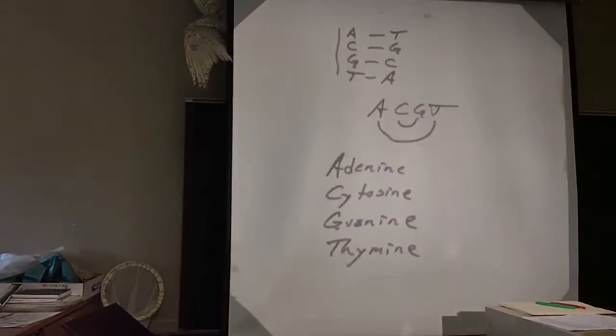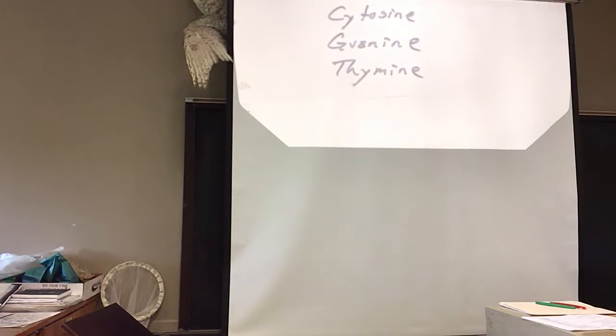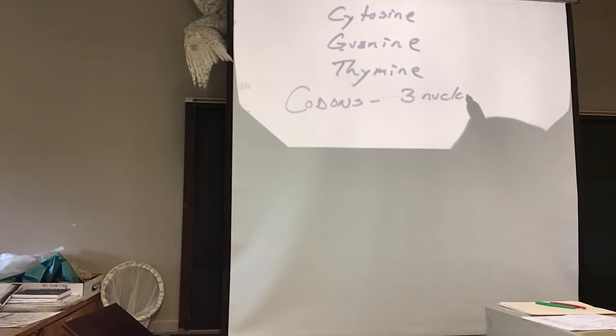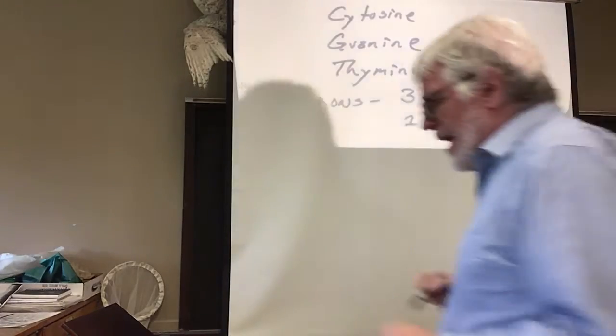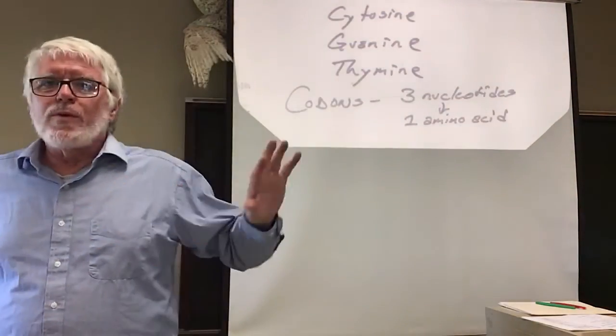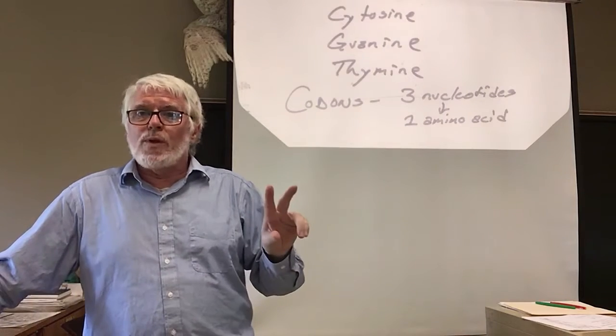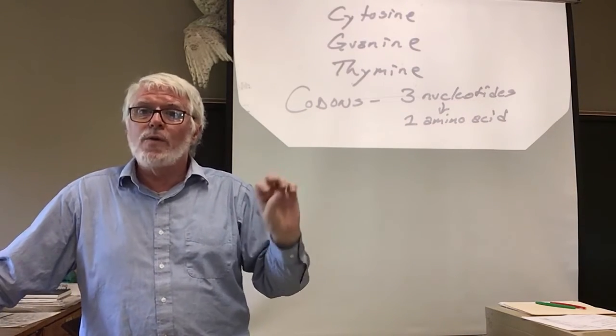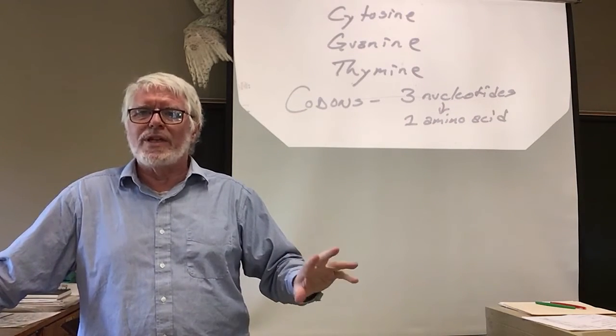And what you wind up with is a 3-to-1 code. As you're going through the gene sequence, every 3 nucleotides is a code for 1 amino acid in the protein.